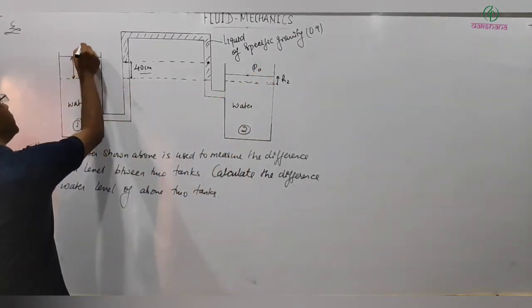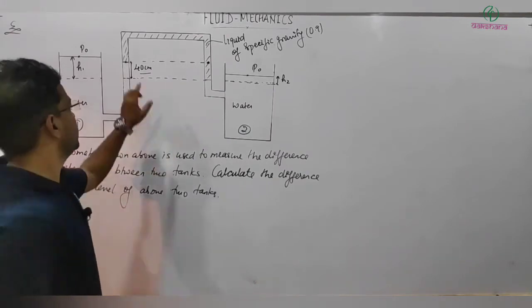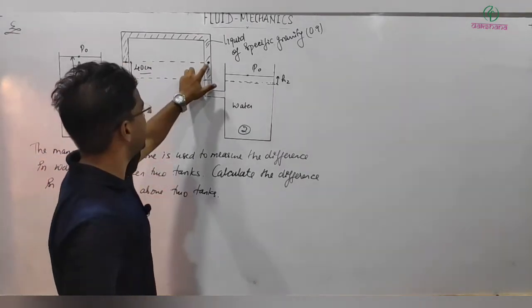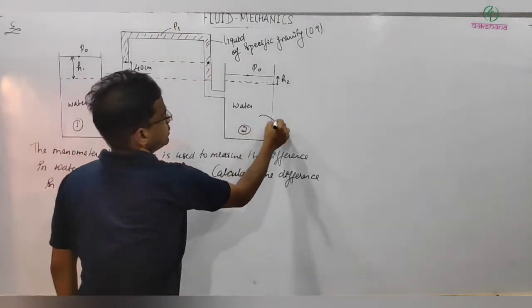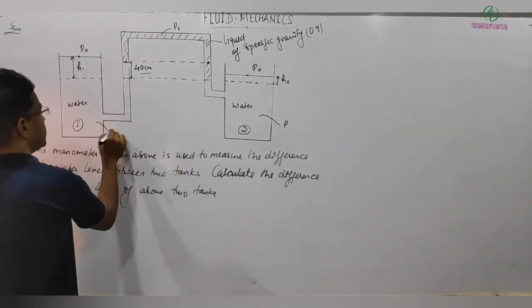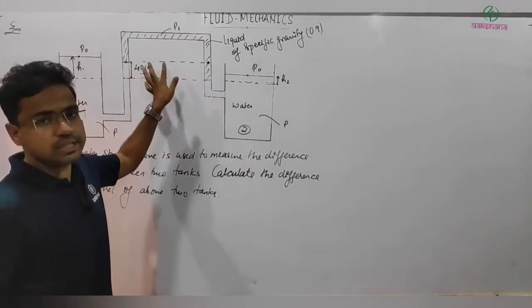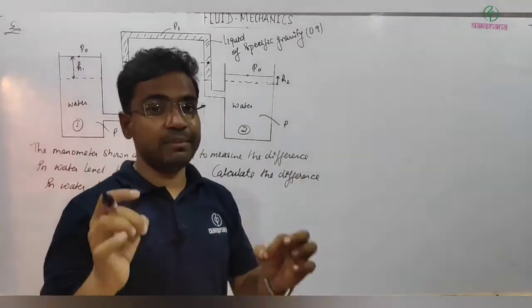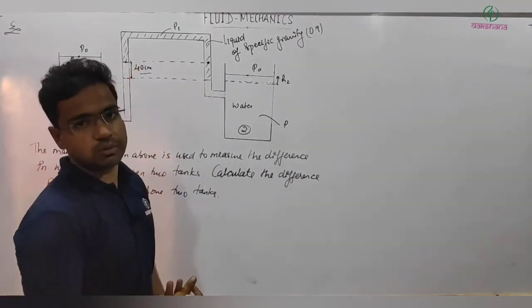This will also be open to atmosphere, so here I can say pressure will be equal to P0. And these 2 points are in the same liquid. Let's say its density is ρ1, and density of water I am taking ρ. Then I can write at this point and this point, because these 2 points are in the same liquid at the same level, definitely pressure at these 2 points must be equal.